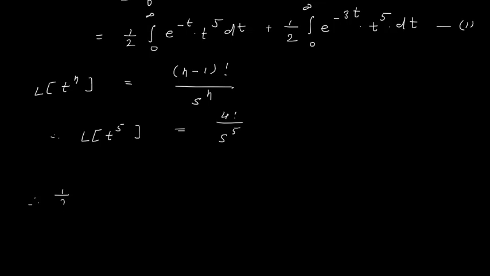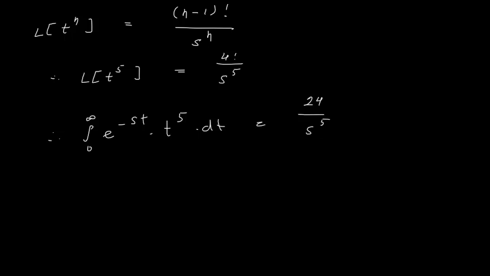So therefore, let us apply the formula. 0 to infinity e raised to minus st into t power 5 dt will become 4 factorial. 4 factorial is 4 into 3 into 2, so 24 upon s power 5. So if I replace s with 1, I will get 0 to infinity e power minus t into t power 5 dt.